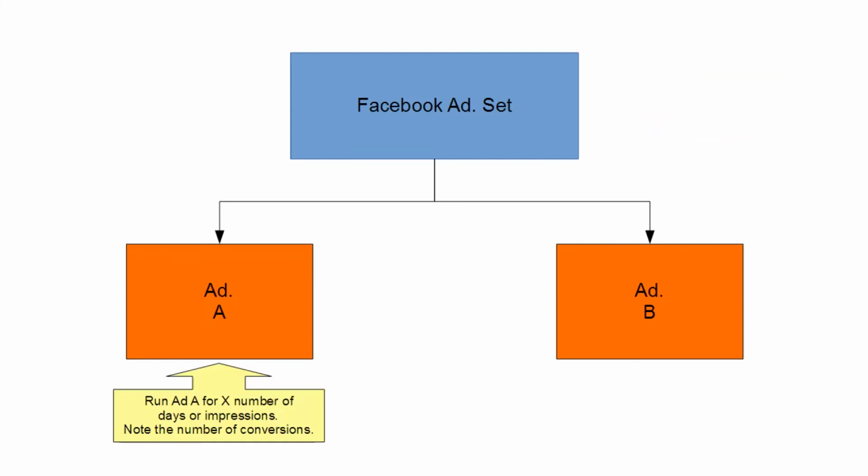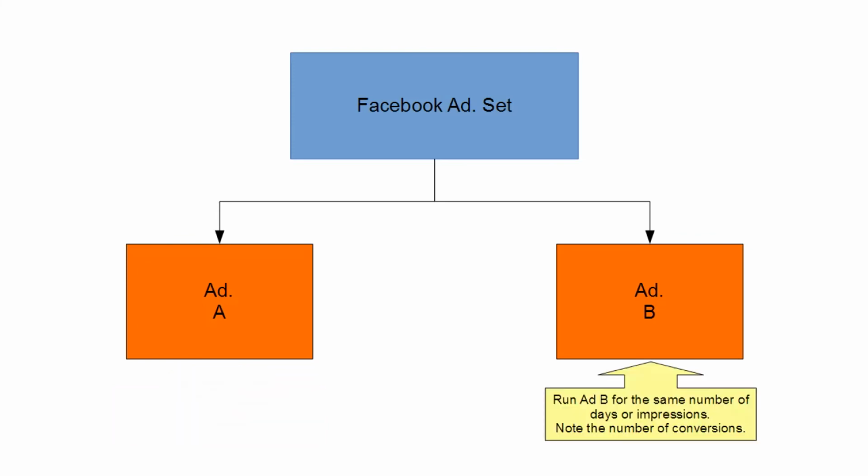So let's say you're going to have the two ads and you run Ad A for X number of days or impressions. You then note the number of conversions. You then run Ad B for the same number of days or impressions, and again you note the number of conversions.